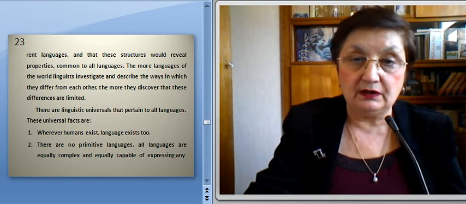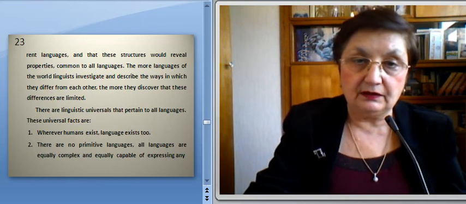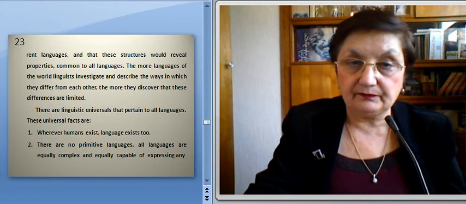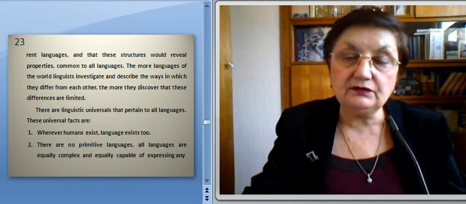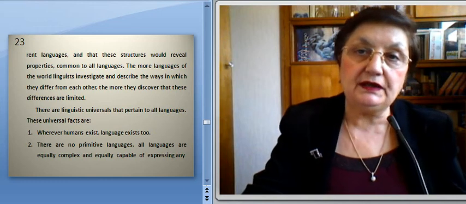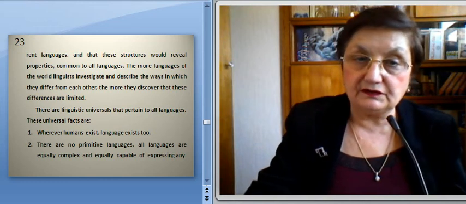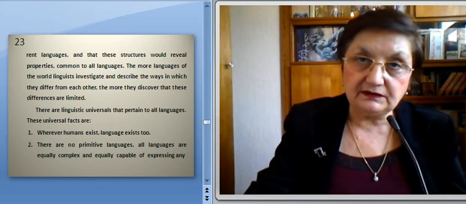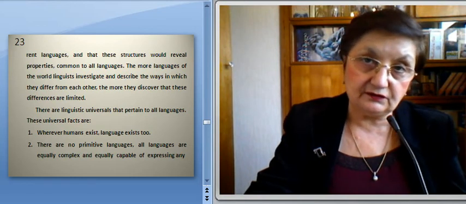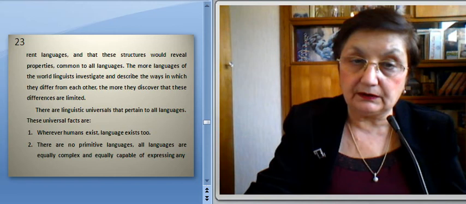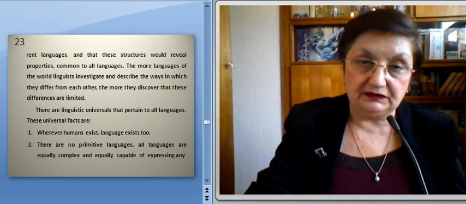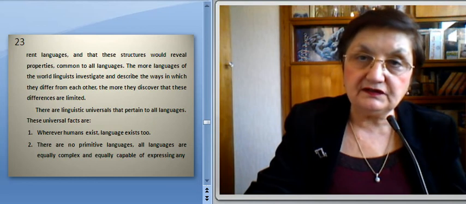These universal facts are the following. I'll name, for instance, 12 of them. Number 1. Wherever humans exist, language exists too. Number 2. There are no primitive languages. All languages are equally complex and equally capable of expressing any idea in the universe.